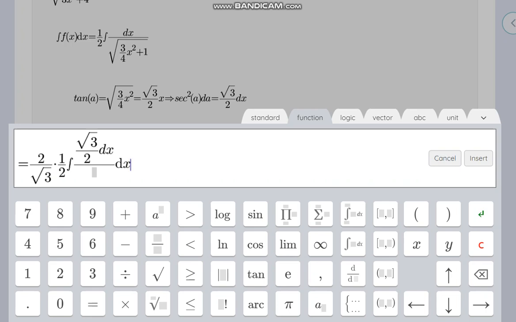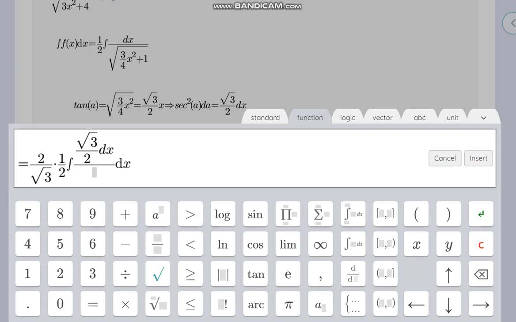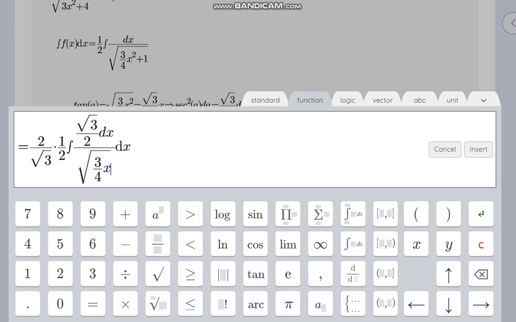That's the beauty. And the denominator can stay the same. We are going to get to that in a few minutes.